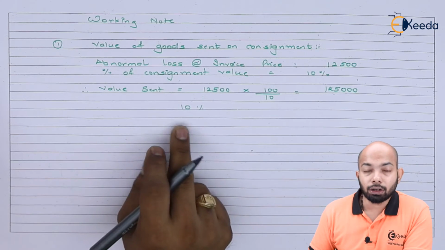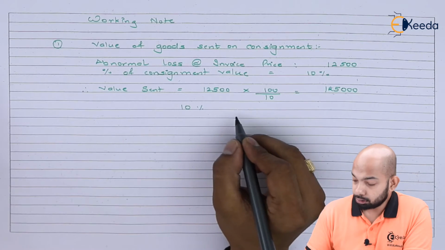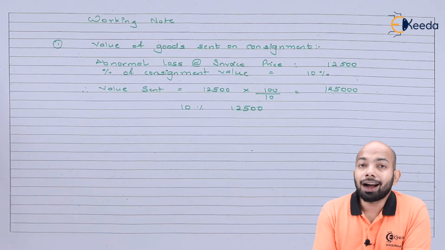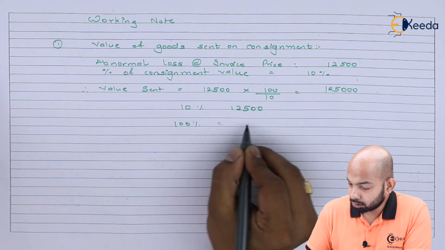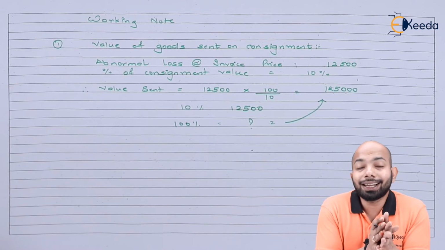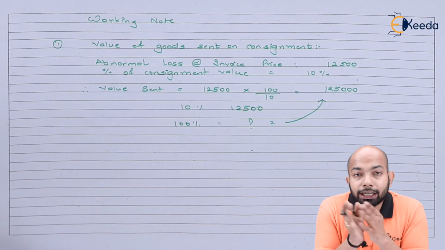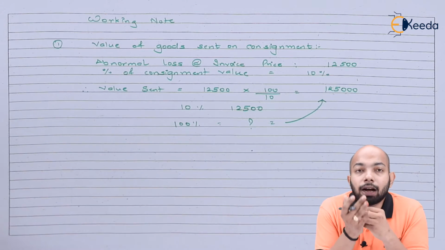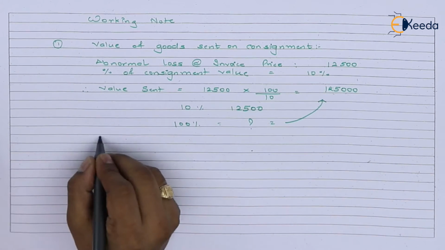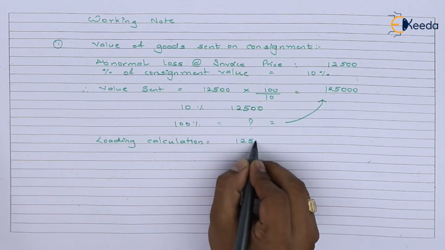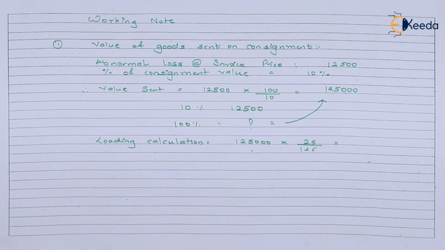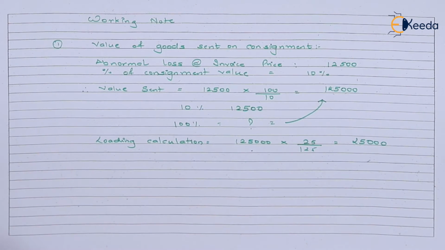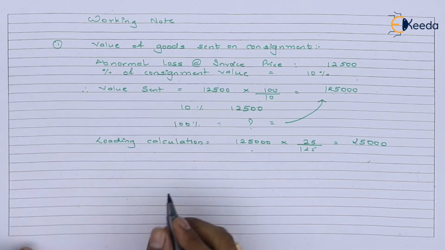Now how this has been derived: if 10% cost is 12,500, how much will 100% be? The answer is 1,25,000. Now the additional 25% over the cost is the amount that we have to calculate. 1,25,000 is the invoice price, which is 125%.